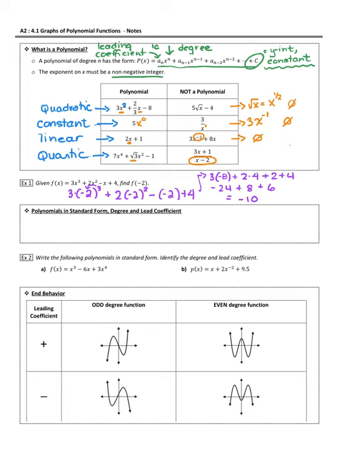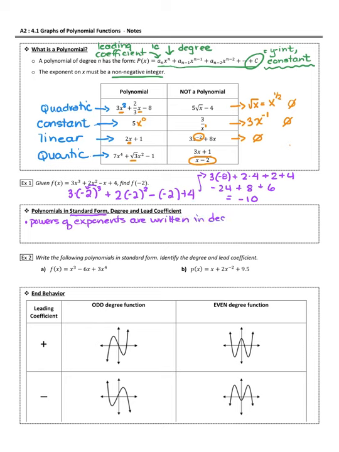Okay, now we're going to start getting into looking at polynomials and writing them in standard form. So remember, standard form means that the powers of the exponents are written in descending order.